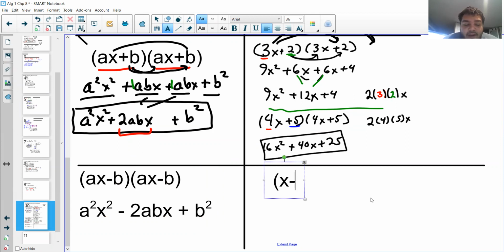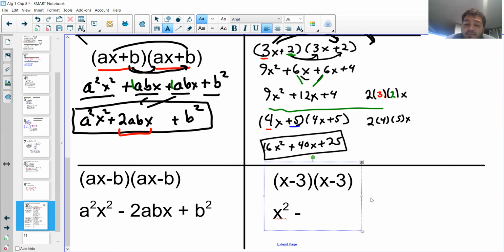So if I had x minus 3, x minus 3, first one would be x squared. Second one would be minus 2 times a times b times x. a is 1 in this case, so 2 times 3 is 6, plus 3 squared, which is 9.